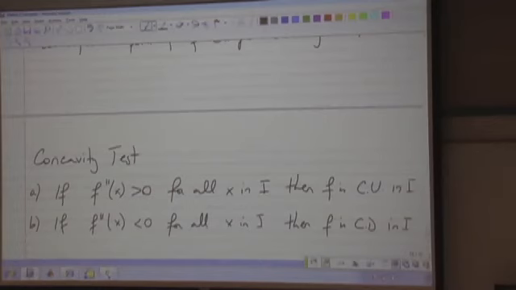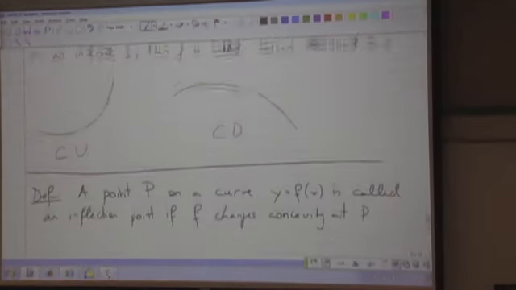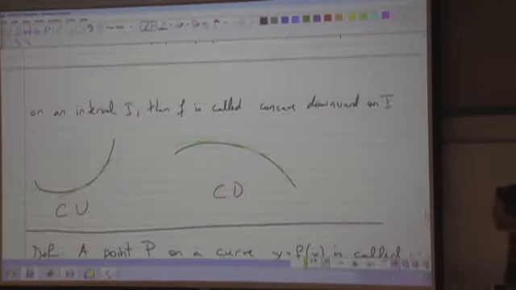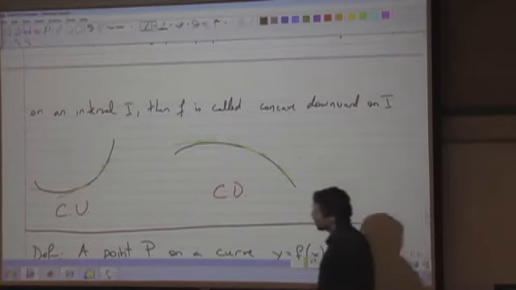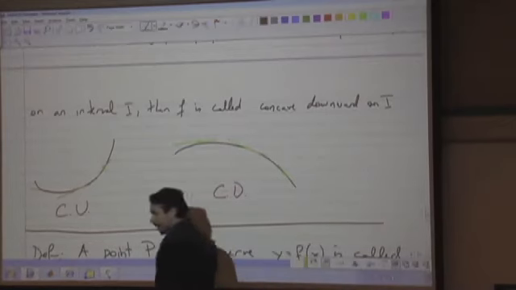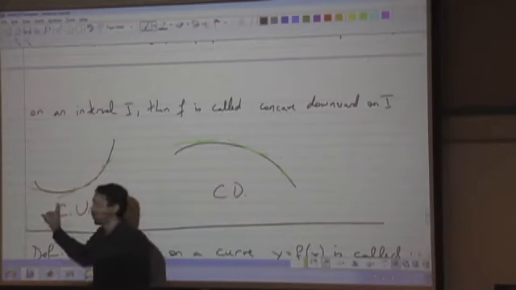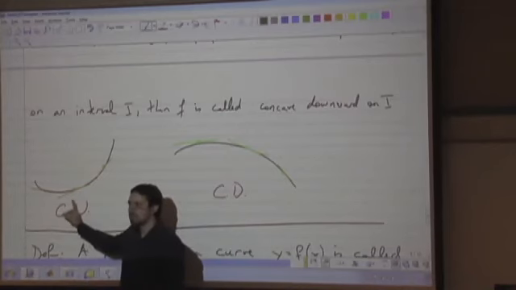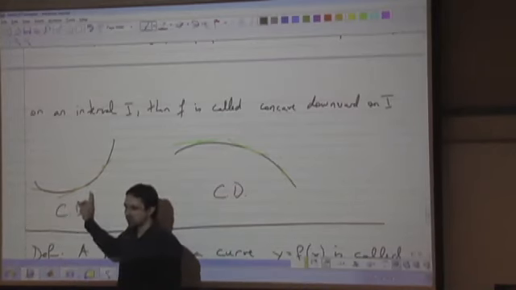Why is this the case? The answer is very simple. If you come back to my lovely pictures over here, let's look at the orange first. If you look at the actual derivative, look at the slope of each tangent line.